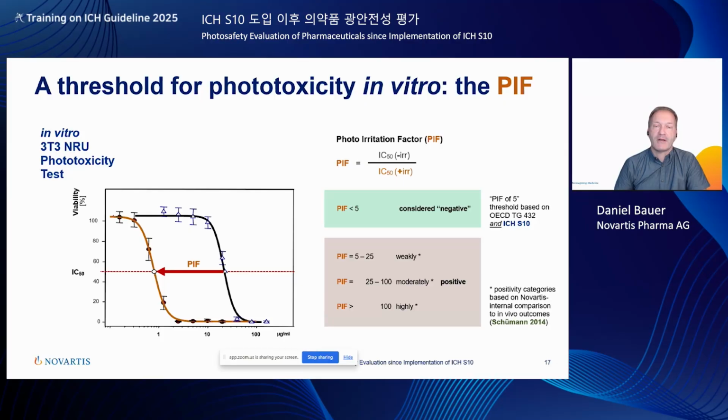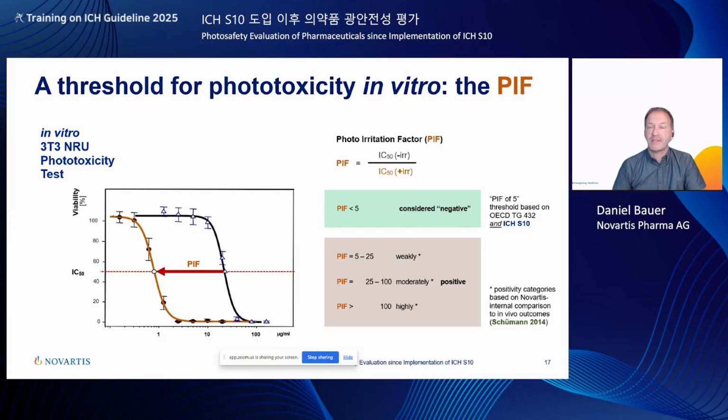and you see how this looks in a figure. So the right hand, the black curve, is the normal cytotoxicity profile of a compound. And if you see a shift to the left, this is additional toxicity caused by the irradiation, the simulated sunlight. And the ratio between the 2 IC50 values, so the factor of how much is shifted to the left, this is the photoirritation factor, the PIF value.